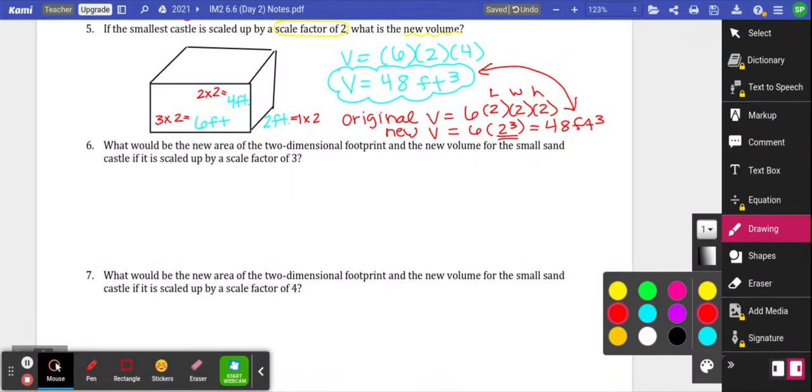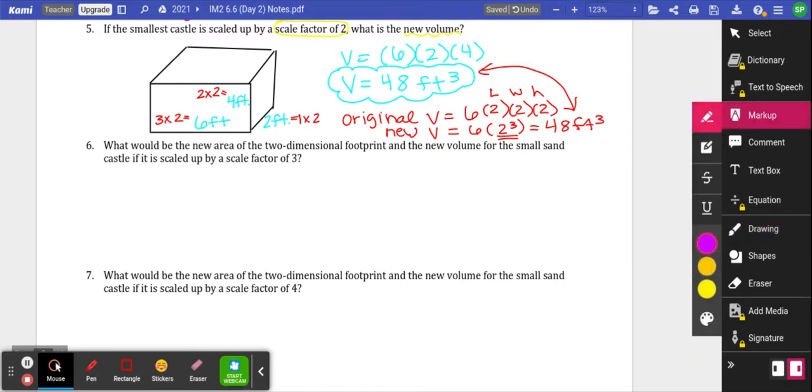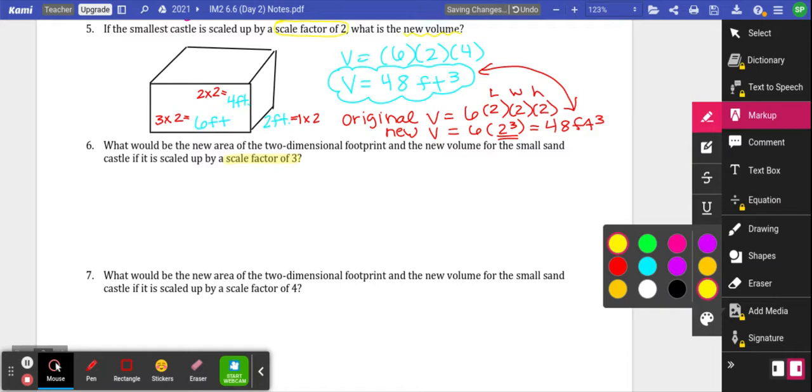So our number 6 here says, what would the new area of a 2-dimensional footprint and the new volume of a small sandcastle be if it is scaled up by a scale factor of 3? So we have a scale factor of 3 now as opposed to a scale factor of 2.